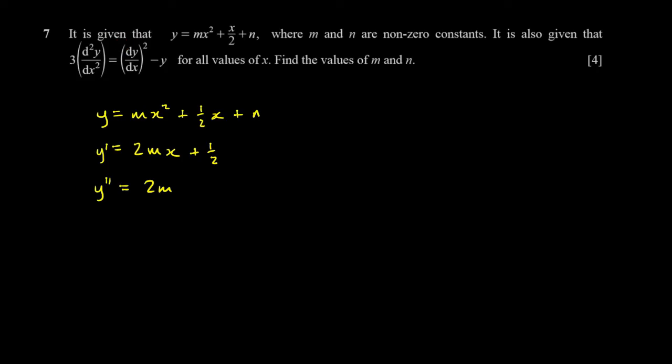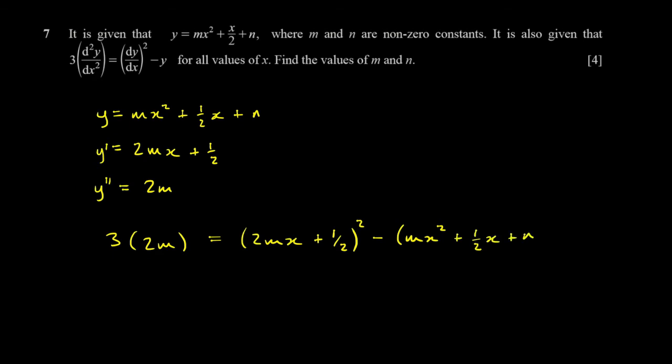So now I just need to substitute into the equation at the top. So 3 times the second derivative, 3 times 2m, is equal to the first derivative, which is 2mx plus a half, all squared minus y, which is mx squared plus a half x plus n.